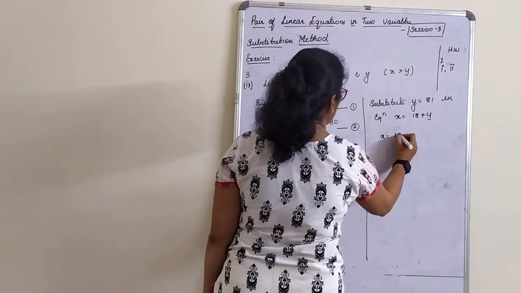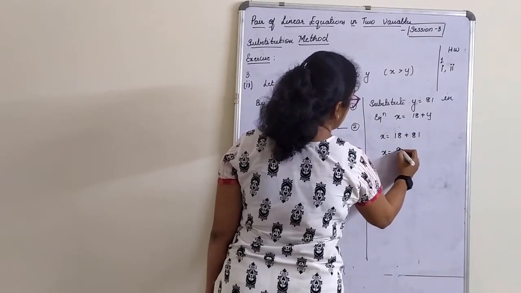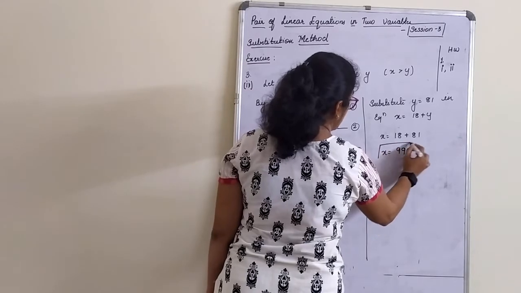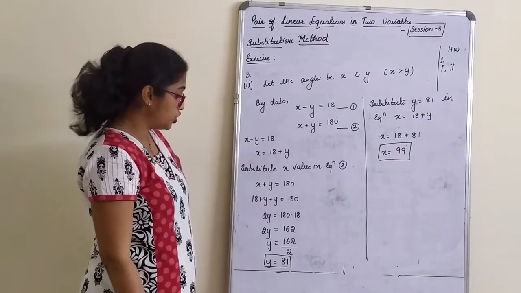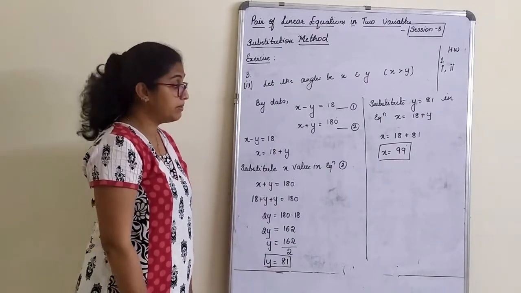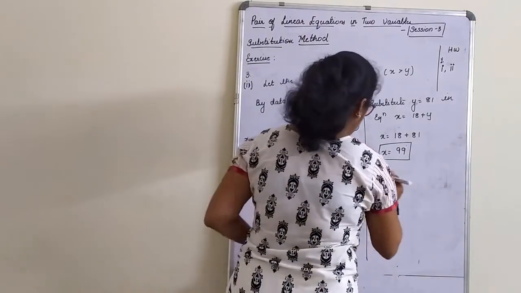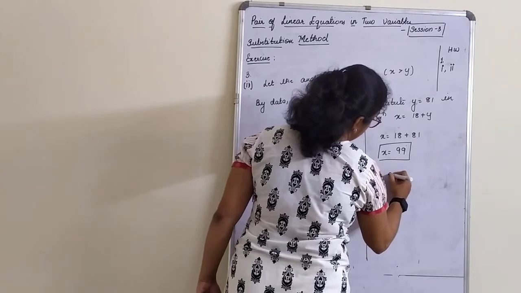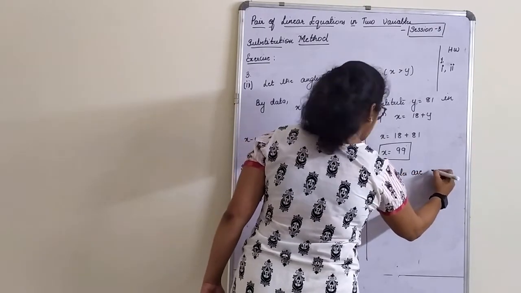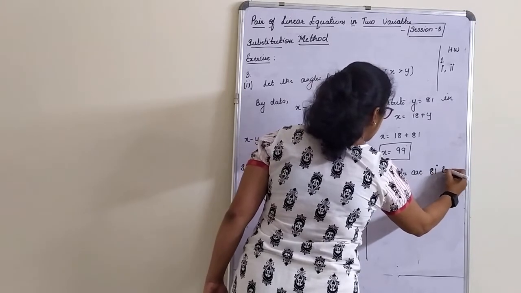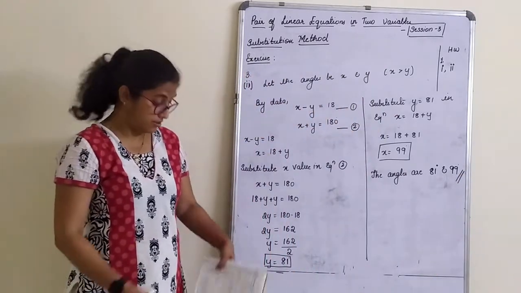So x is equal to 18 plus 81, x is equal to 99. So check, 99 degree plus 81 degree will give you how much? It will give you actually 180, supplementary. So give the conclusion. Find them. The angles are 81 degree and 99 degree. So these are the answers.